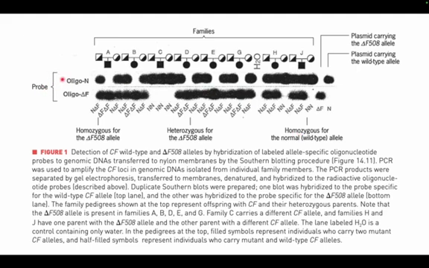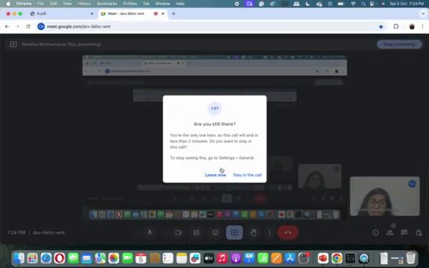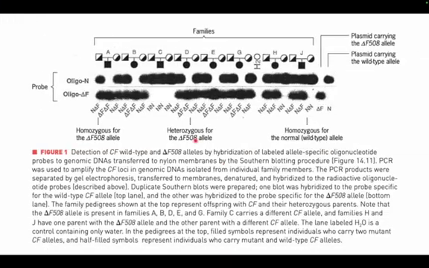So here we see probes oligo N and oligo delta F. If this probe gives a result, we know that there's a delta F allele within this individual.